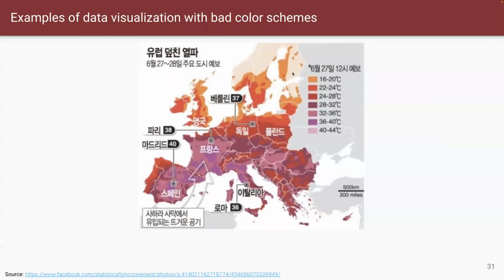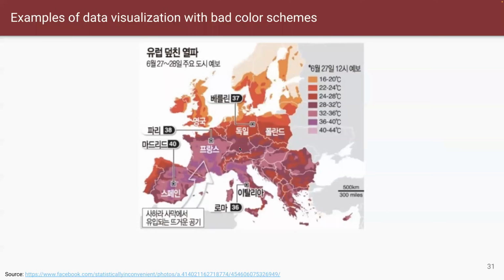This is the color scheme for the hot weather in summer in Europe, right? So this is France, this is UK, Germany, Poland, and Spain. And can we guess which country has the highest temperature in the summer, right?